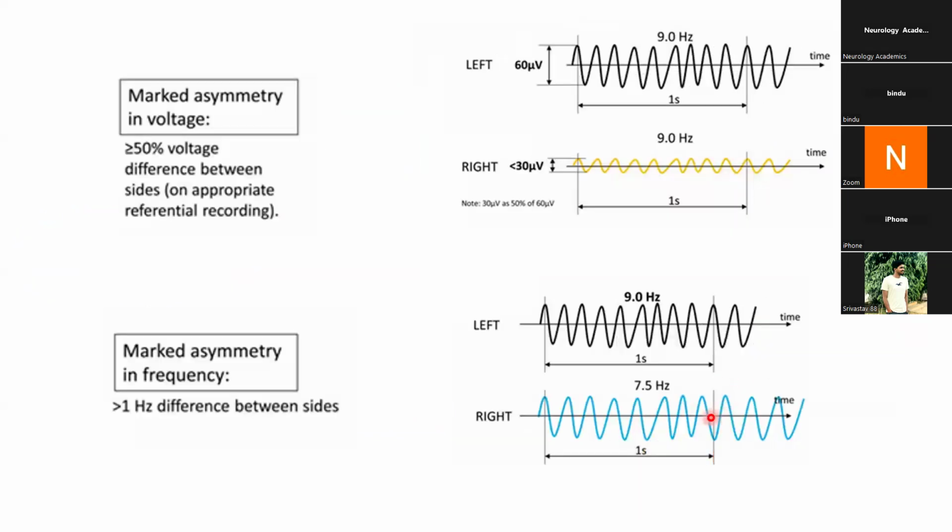And if there is a more than 50 percent voltage difference between the two sides, then it is called marked asymmetry in voltage. And if there is a more than 1 hertz difference in frequency, then it is called marked asymmetry in frequency. So there's nothing to be very much scared about the whole thing. Again, it is mild, moderate, and severe.